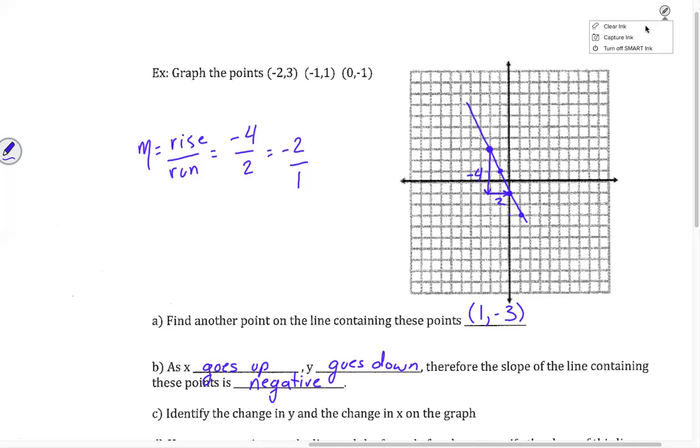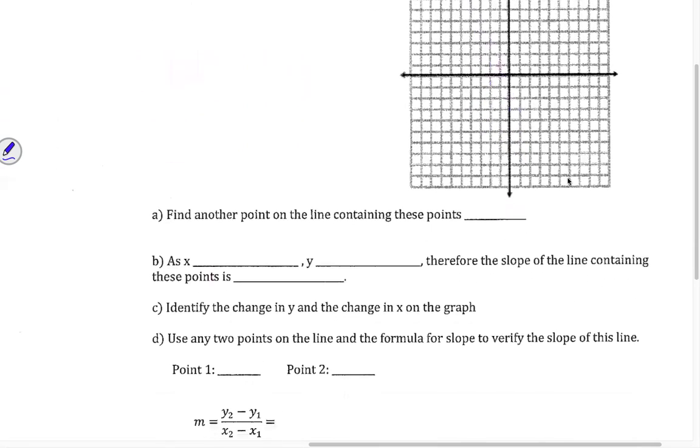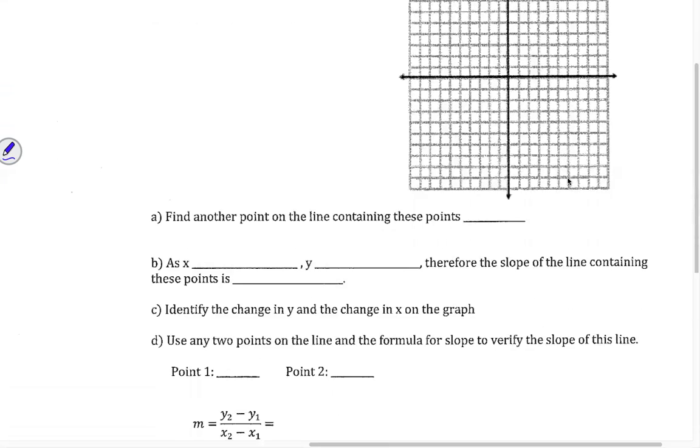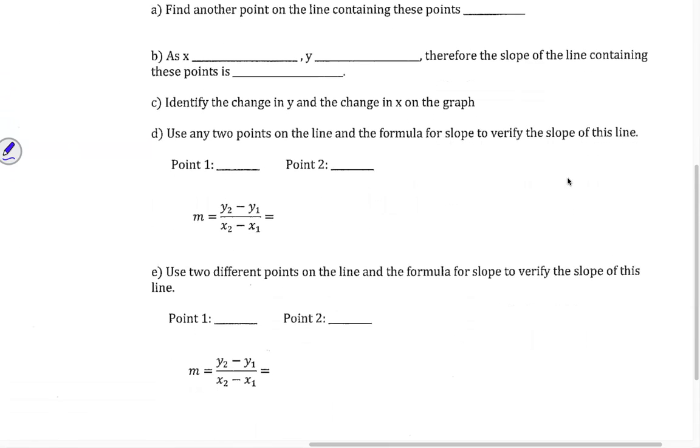Now, it says identify the change. Well, we did that. So let's talk about these points. It's (-2, 3) and (-1, 1). Let's talk about that first. All right, so first step, I'm going to label x1, y1, x2, y2.